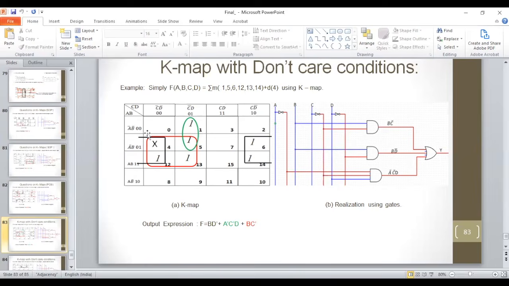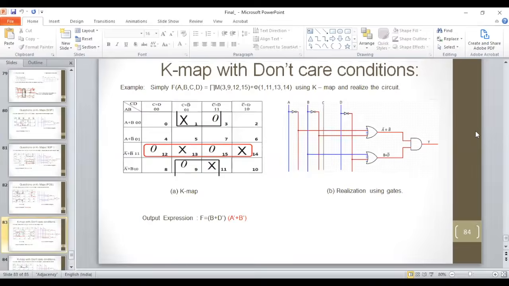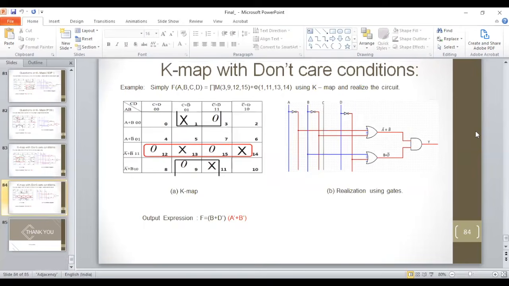So we go with the quad, and this is about the don't care condition, which is a very important feature of K-map. I hope I made it clear. With multiple don't care conditions, we can club them, and you can see the two groups are there. We club them and get a solution.